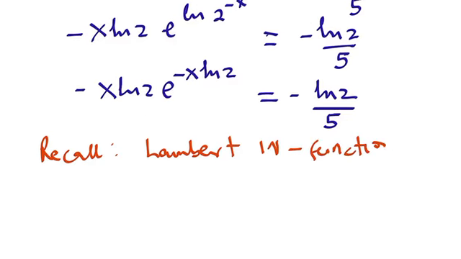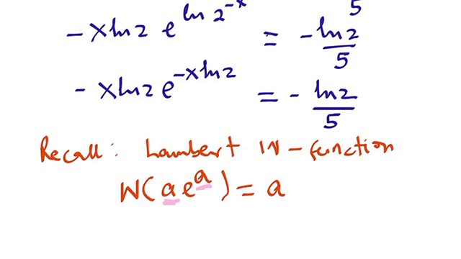It states that when you have W of a e to the power of a, this will give us a. So which is telling us that when you have the same thing here where I shaded, we're going to have our result to be that number.